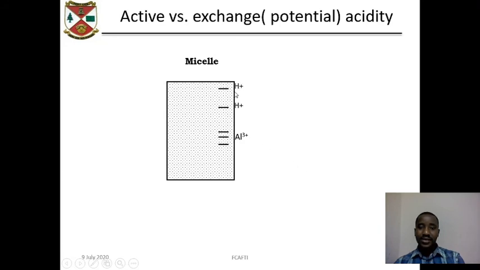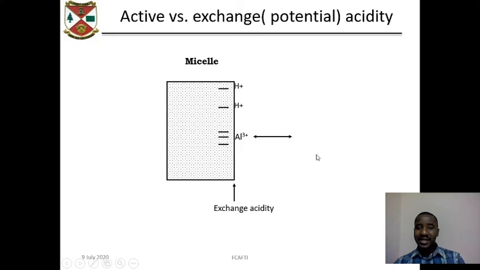Now these ions, this hydrogen cation and these aluminium ions, are adsorbed on this clay micelle. This type of acidity we call the exchange acidity, or the exchangeable acidity.